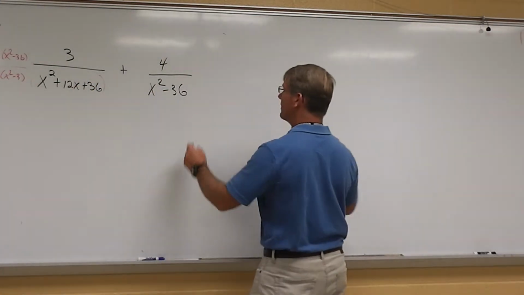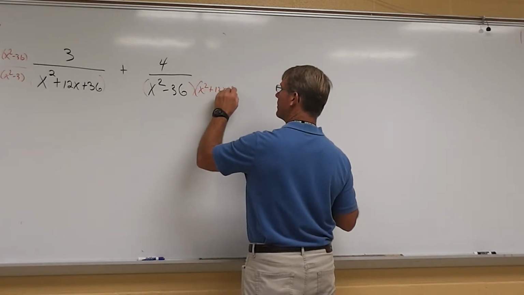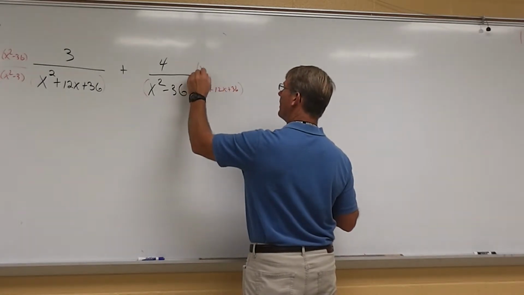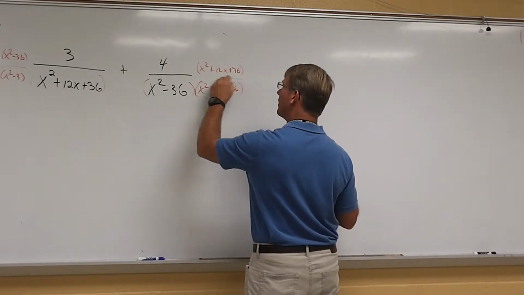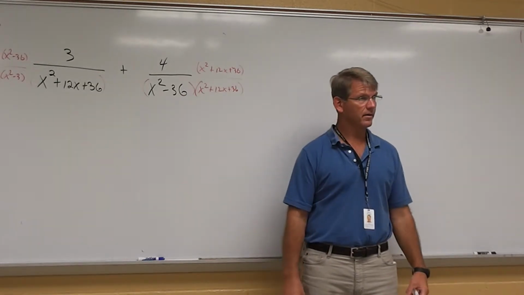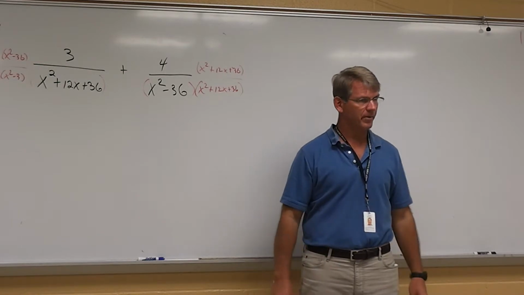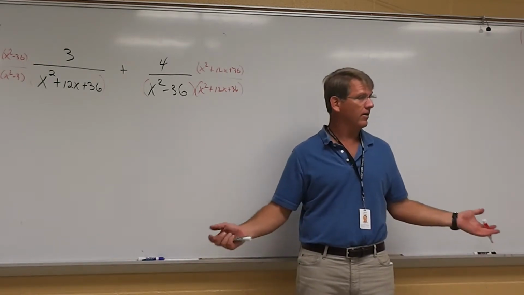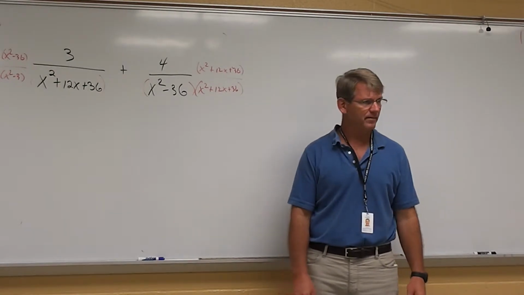And over here I can take this x squared plus 12x plus 36 and multiply it top and bottom. Then I'd have the same denominator, wouldn't I? They both are going to have the x squared minus 36 times that big trinomial. So then I could add them together because they'd have the same denominator. But then I have to turn around and simplify it.